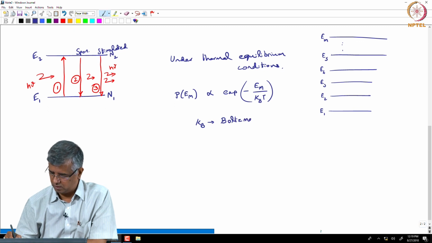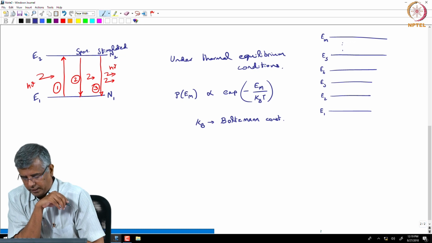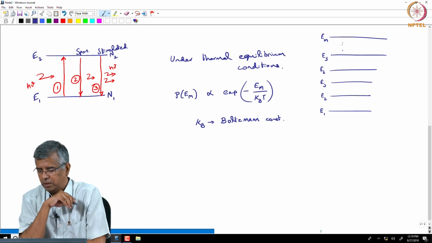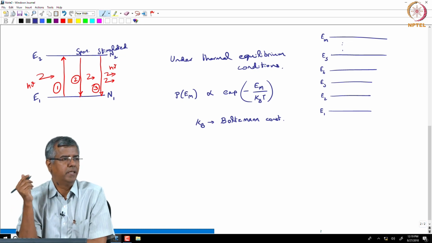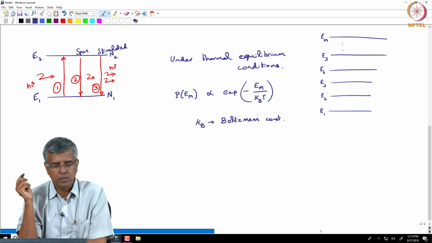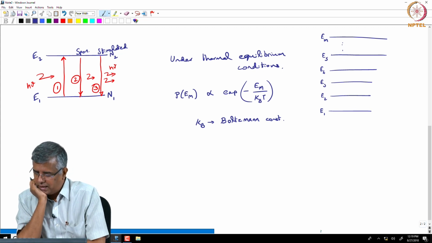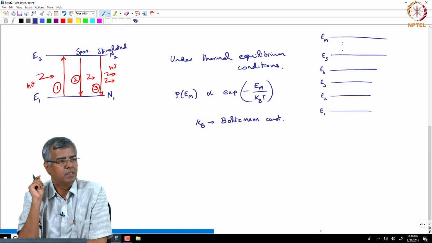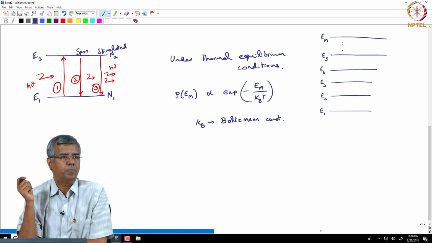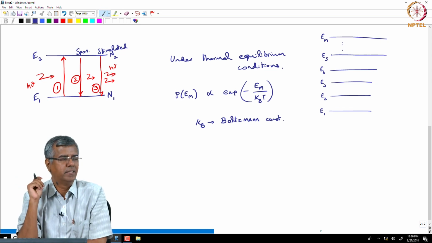It is the Boltzmann constant, and kBT now corresponds to some energy term. So, that is essentially your thermal energy. If you examine this closely, what it says is higher the thermal energy, more is the probability that an electron will occupy one of the higher energy levels.